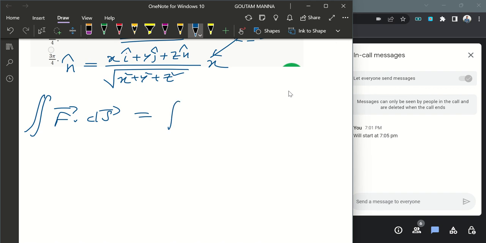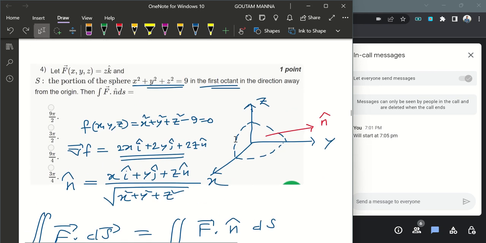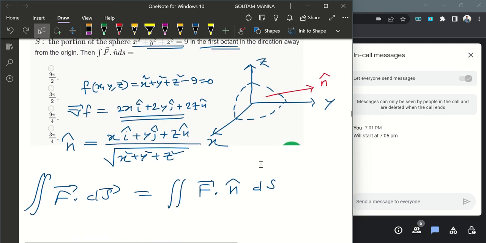So then the integral of F dot dS will be F dot n dS, and F is given by z k hat.